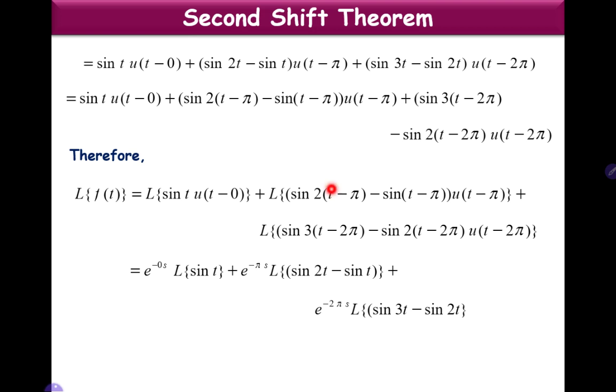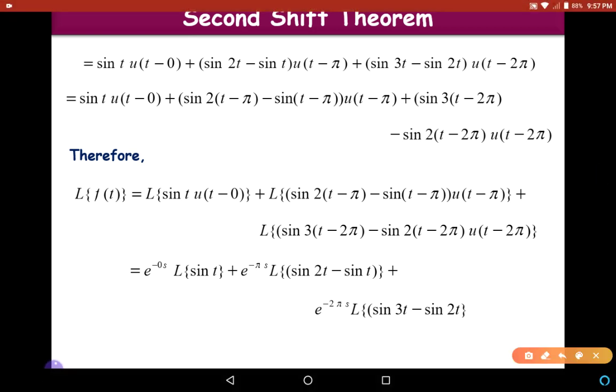And coming to the second term, L of f of t minus a into u of t minus a, where a is pi here. Therefore, by the second shift property, it is e power minus pi s into L of f of t. This is f of t minus a. Therefore, L of f of t means just replacing t minus pi with t. Then we get L of sin 2t minus sin 3t.